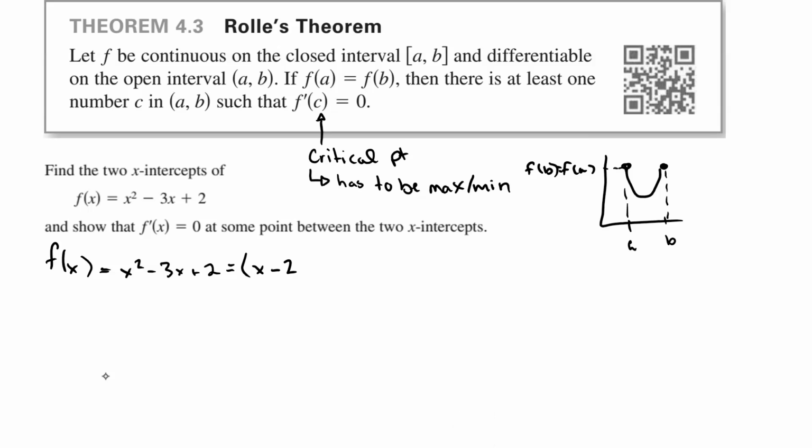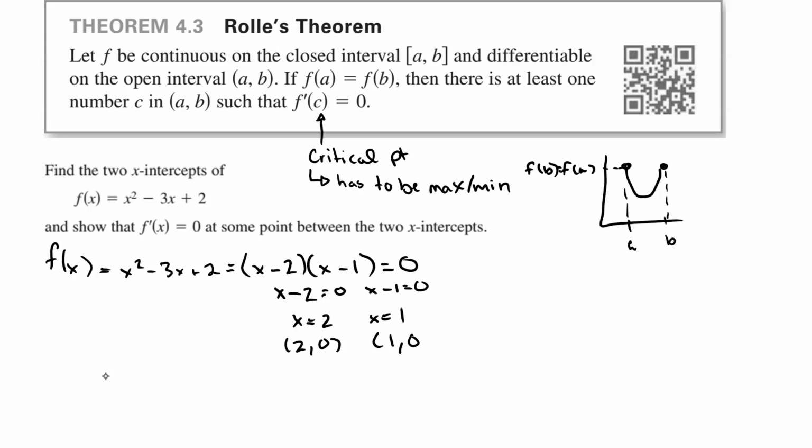If you factor, you'll get x minus 2 and x minus 1, where x minus 2 equals 0 and x minus 1 equals 0 will be our intercepts. We have synonyms for that. X-intercepts are the same as saying zeros or roots, right? So a little blast from the past there with that vocabulary. So those are our roots.